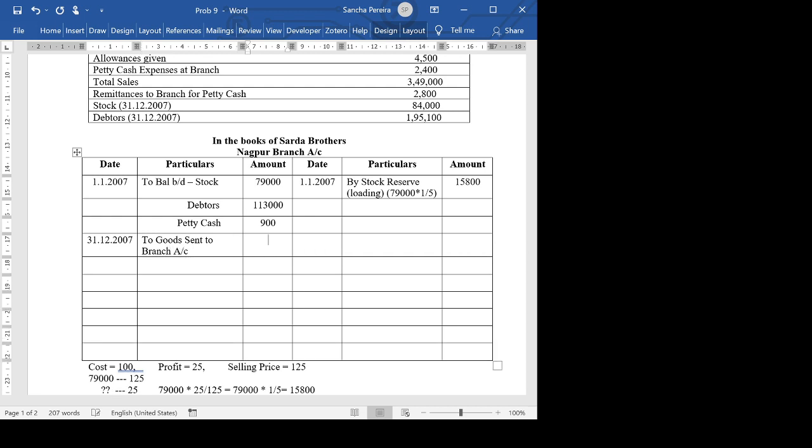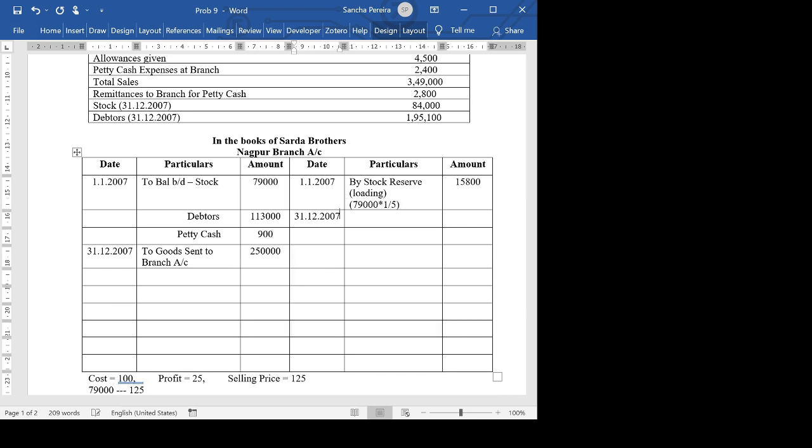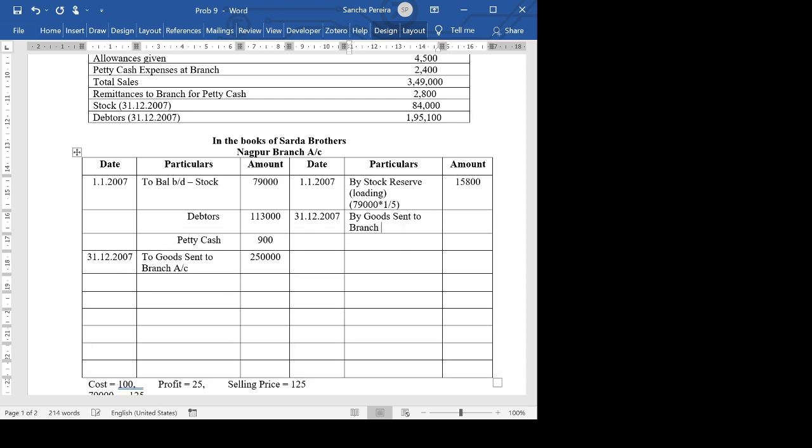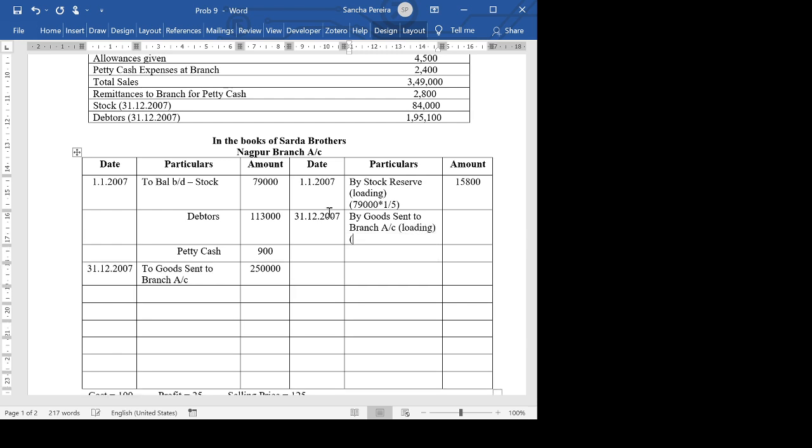2,50,000. Since it's stock involved, we have to calculate loading on this. So on the other side, 31st December 2007, by goods sent to branch account, this is loading, and it will be 2,50,000 into 1 by 5 directly.